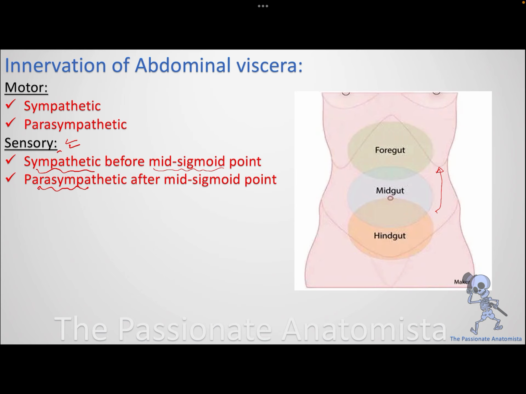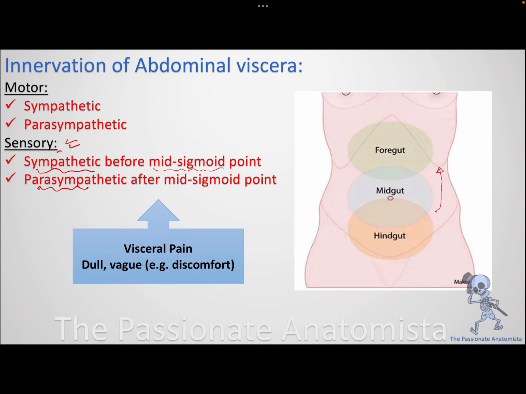So up until the mid-sigmoid point, the visceral pain sensation follows the sympathetic route, and after the mid-sigmoid point, the pain follows the parasympathetic route. This is why it's important, because visceral pain is felt by following this rule. Now, what kind of pain do we feel? It's dull, vague, discomfort, everything that's not sharp and not localized.